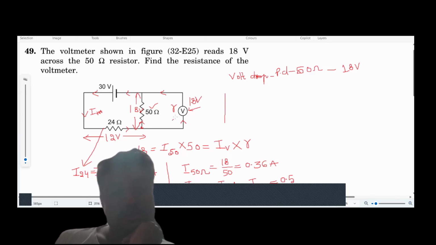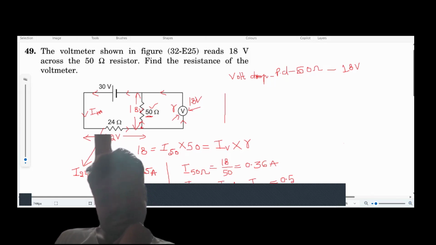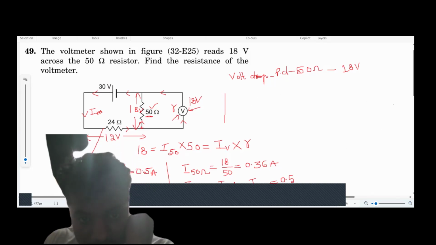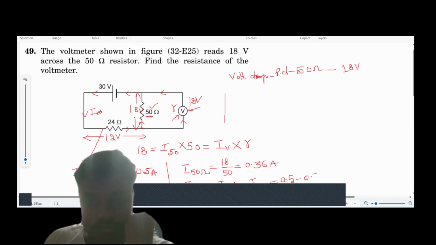So the voltmeter current is definitely the total current minus the current flowing through the 50 ohm. 0.5 minus 0.36, so this is 0.24 amp. Yes, you're done.